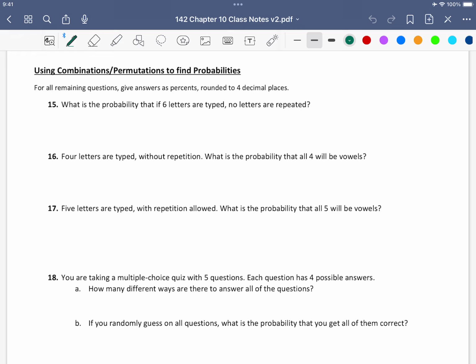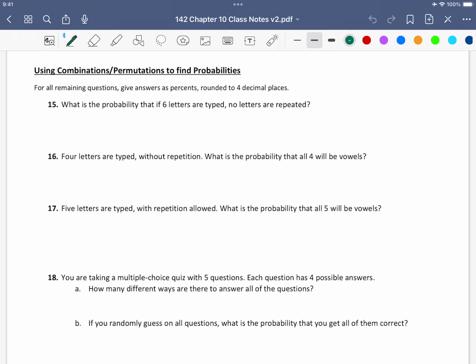Notice again, it says we're using combinations and permutations to find probabilities. Especially when you're doing your homework, quizzes, and tests, make sure you're paying attention to what the question is asking for, whether it's asking just for you to count up how many ways to do a certain thing versus finding the probability.